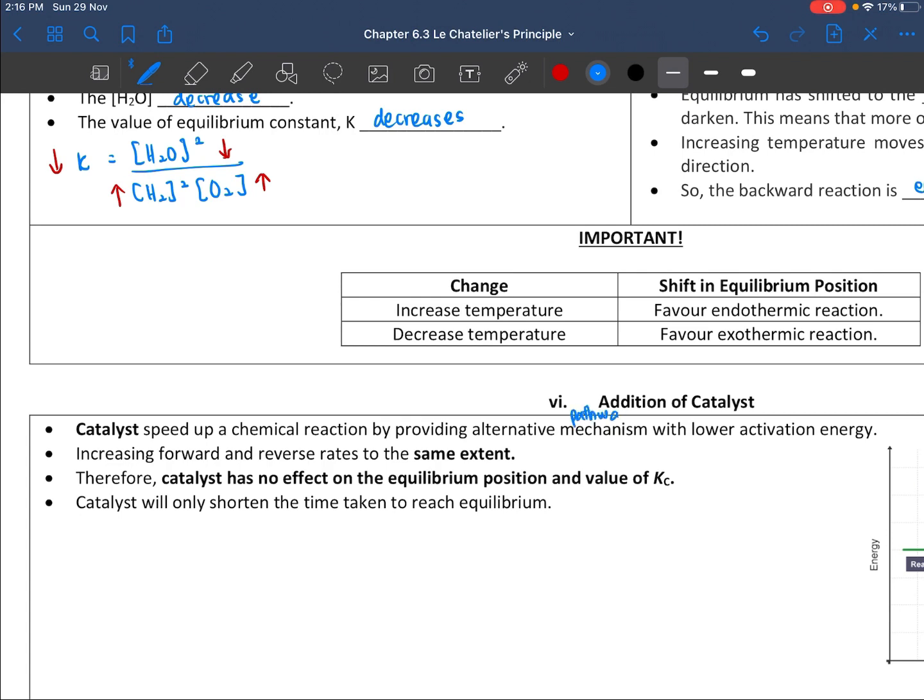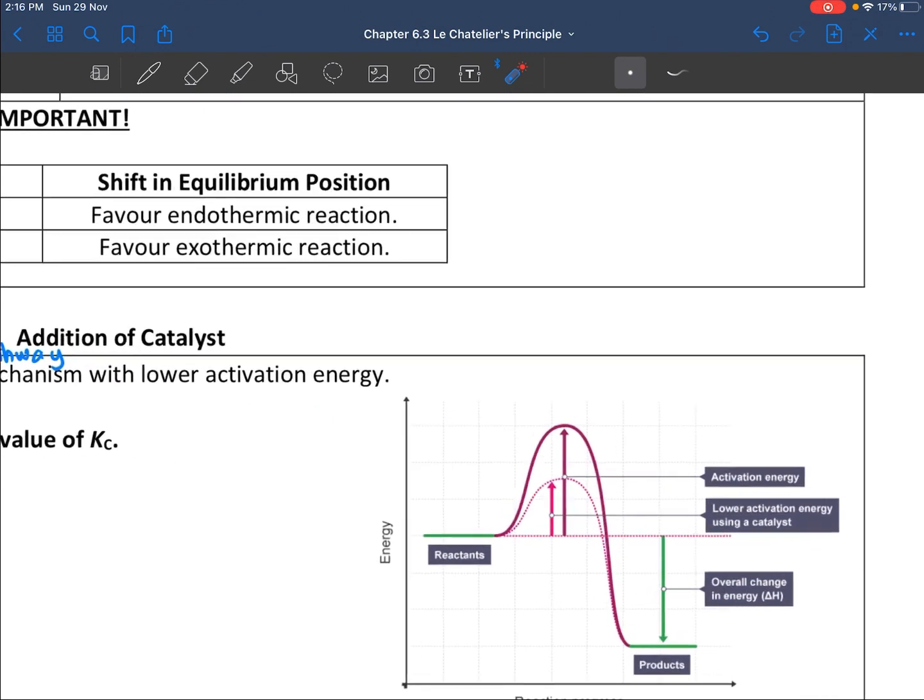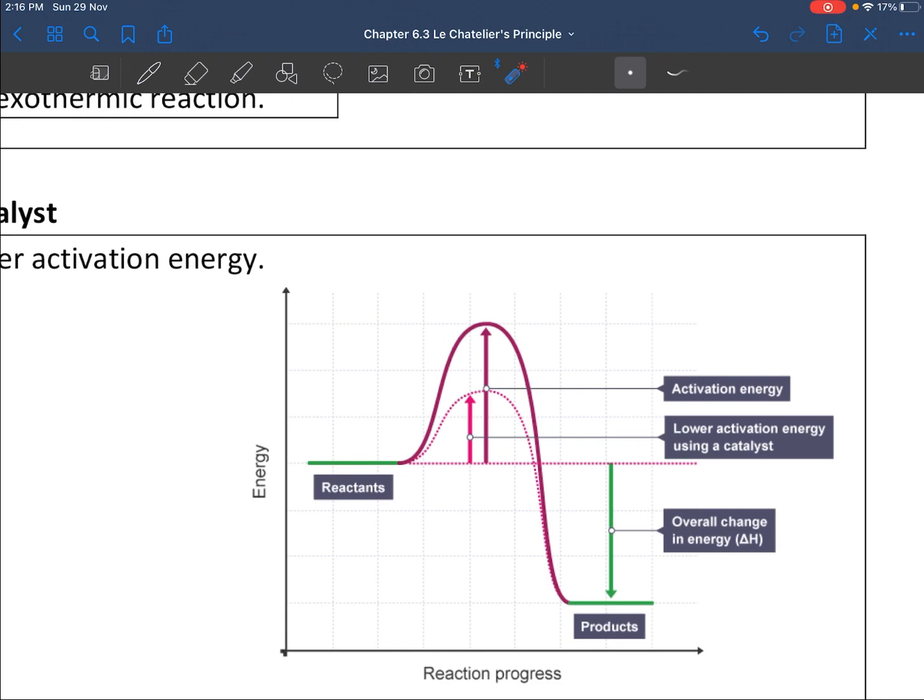Okay, alternative pathway with lower activation energy. Okay, kiranya catalyst ni bantu untuk cepatkan chemical reaction dengan cara provide alternatif ni jalan lain lah untuk yang ada activation energy yang lebih rendah. Okay, so kalau nak faham yang itu, kita tengok this diagram here. Okay, so yang merah gelap yang bukan bintik-bintik ni, yang ini. Okay, so ini adalah activation energy.